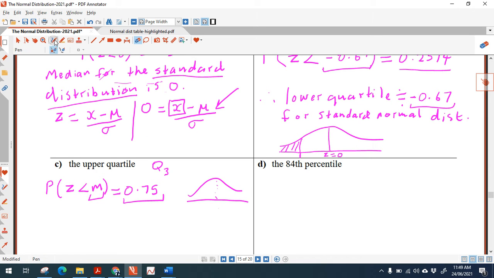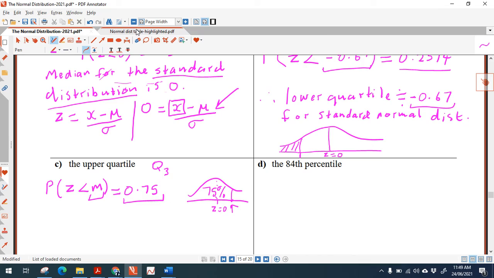I know 50% of the data lies to the left and to the right, so 75% of the data will be maybe roughly here. This is just a rough sketch. I want the z-score which corresponds to this point, so I'm looking for a z-score bigger than 0, a positive z-score.